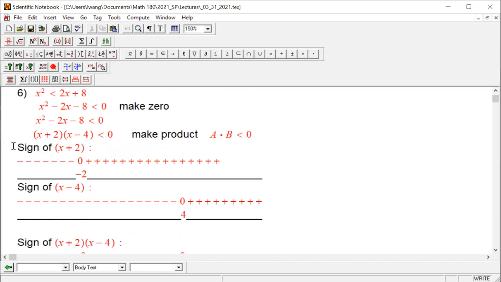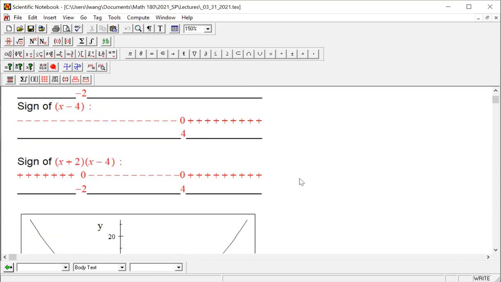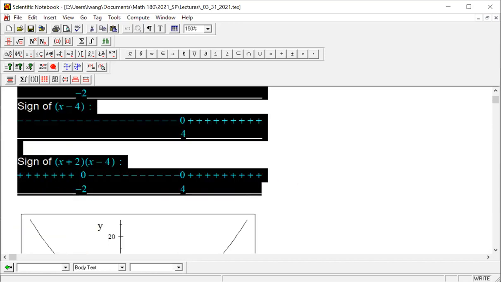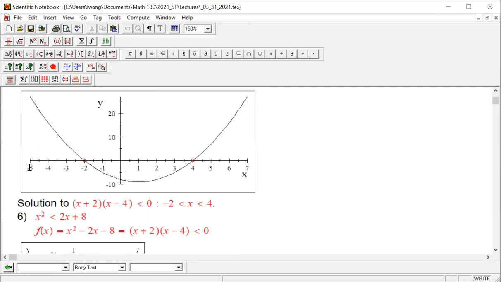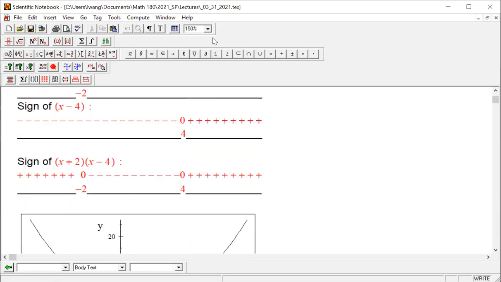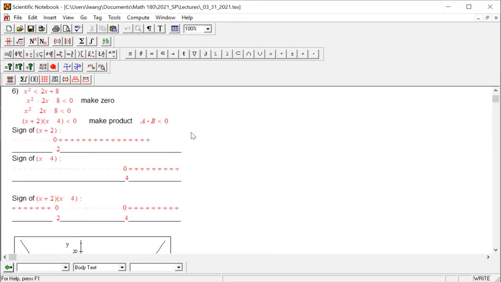So pretty much all of these steps will be repeated for different numbers.